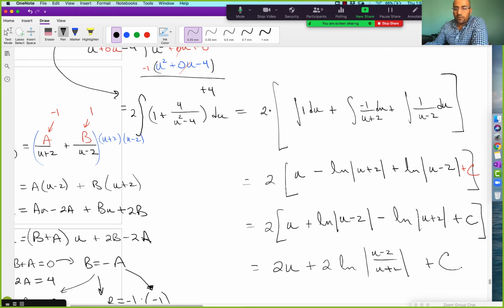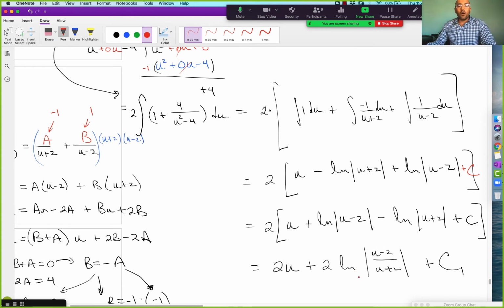Now I'm going to put a little c sub 1 there because if I distribute the 2, it's really going to end up being 2 times c, and I'm going to call that c sub 1. It doesn't really matter. It's just some constant number.